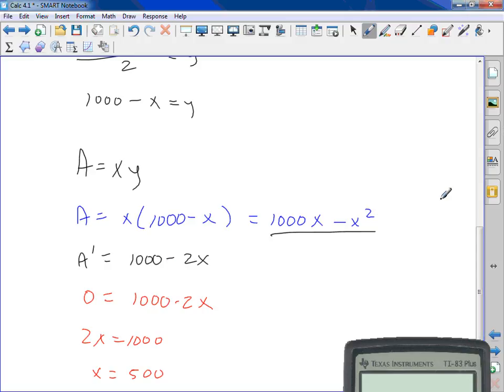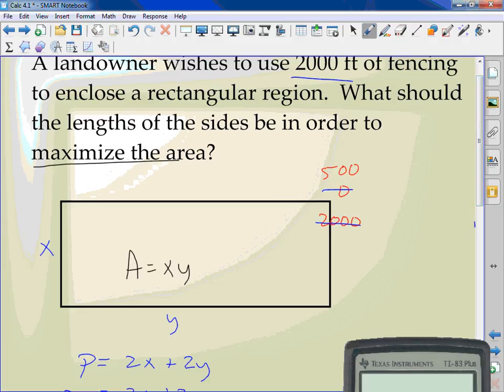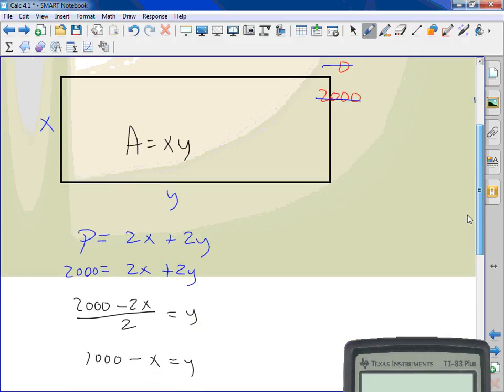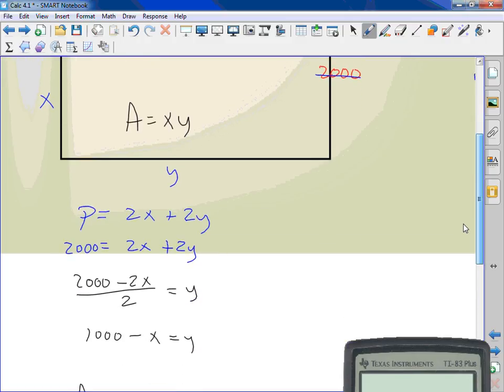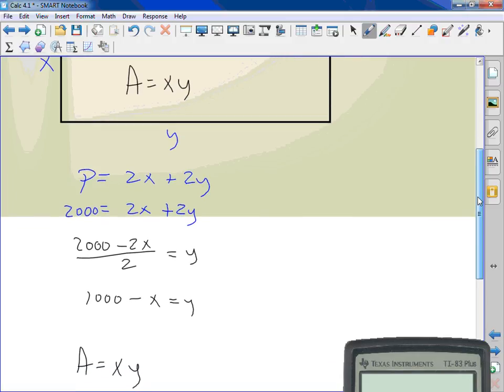Not the derivative. We got one left. Area. Why the area? We're trying to maximize the area. That's the main thing we're looking at. But we're not trying to maximize the perimeter. We already know the perimeter is 2,000.